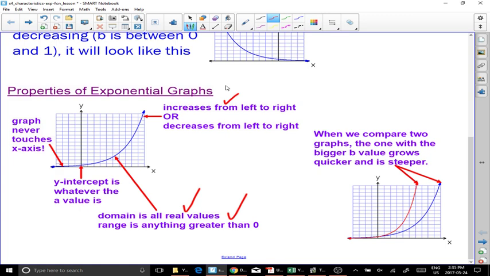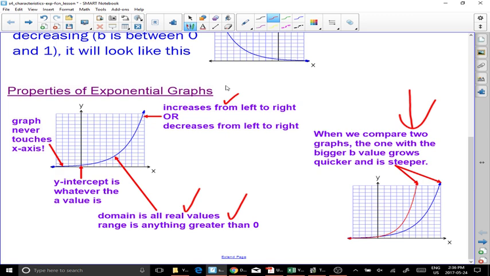And if we have a decreasing one, all this is also true, except it's decreasing. If we take a look at these two graphs over here in the bottom right-hand side of the screen, the red one grows quicker and is steeper, and the difference between the red graph and the blue graph is the graph that is to the left has a larger b value.